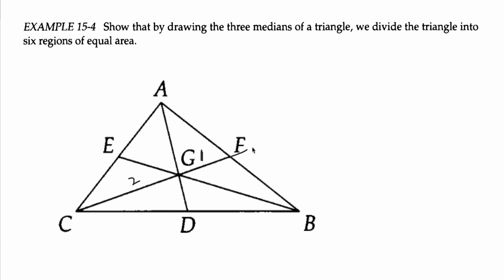If I extend this and think about this altitude, this is the altitude of both triangles FGB and the larger triangle FCB. Okay, I like it. And the ratio of the side lengths of the side to which this altitude goes to is 1 to 3. As the larger triangle is 3, small triangle is 1. That means the ratio of their areas is also 1 to 3. So this is a third of the area of FCB.